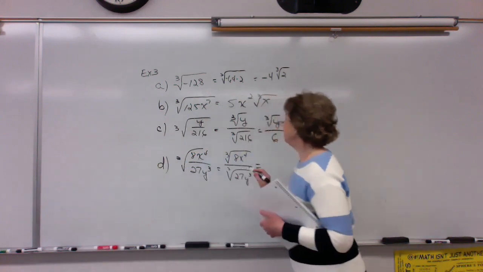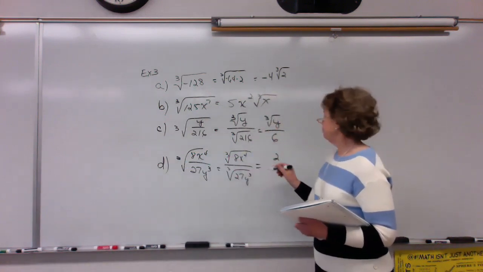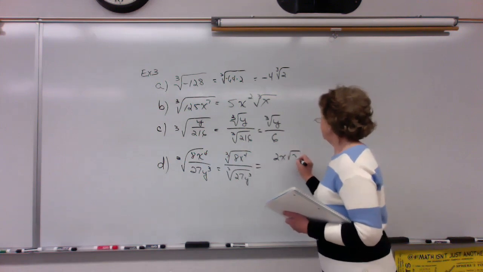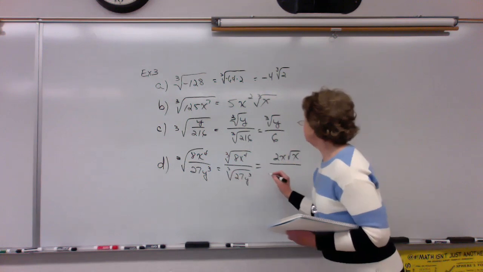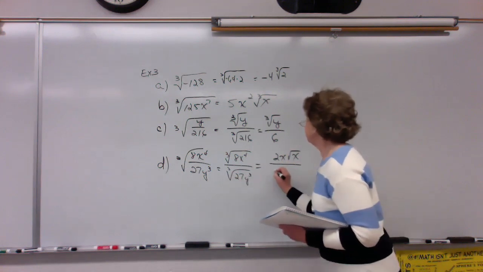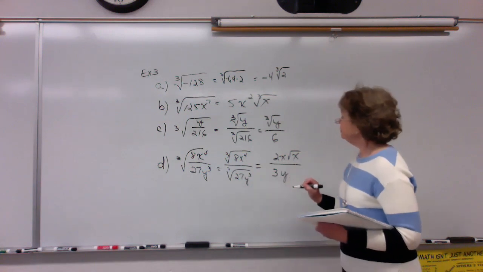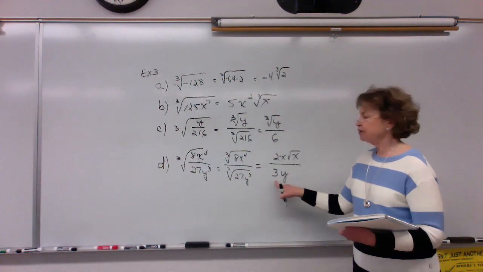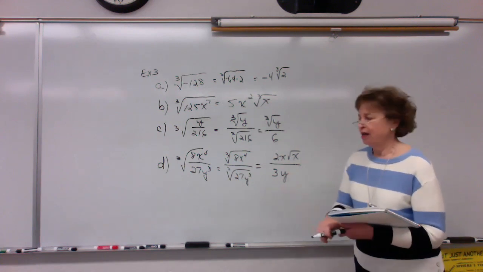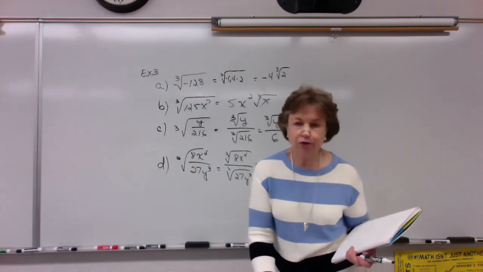So for that numerator, the cube root of 8, I know that's 2. Cube root of x to the 4th, I'm going to have an x on the outside and an x left underneath. In that denominator, the cube root of 27 is 3, and the cube root of y cubed is just y. So when we finish, we have 2x times the cube root of x over a denominator of 3y. Look at monitoring progress that is at the bottom of 481.